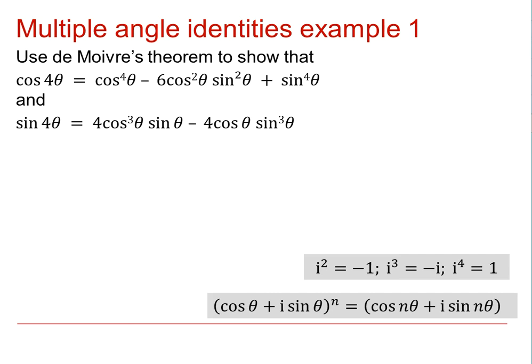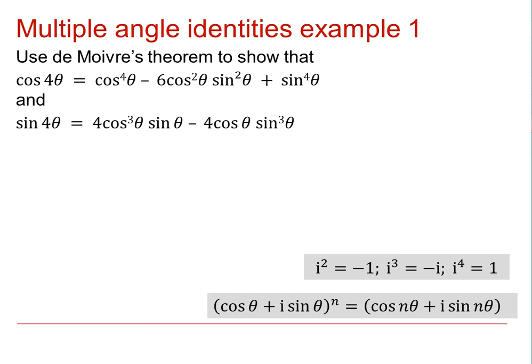Please note that I'll be using C to represent cos theta and S for sine theta, partly to save space, but it is also a common convention that you may find in textbooks or online. I will also be using Pascal's triangle for coefficients in expansions. For example, expanding to the power 4 gives me coefficients 1, 4, 6, 4 and 1.